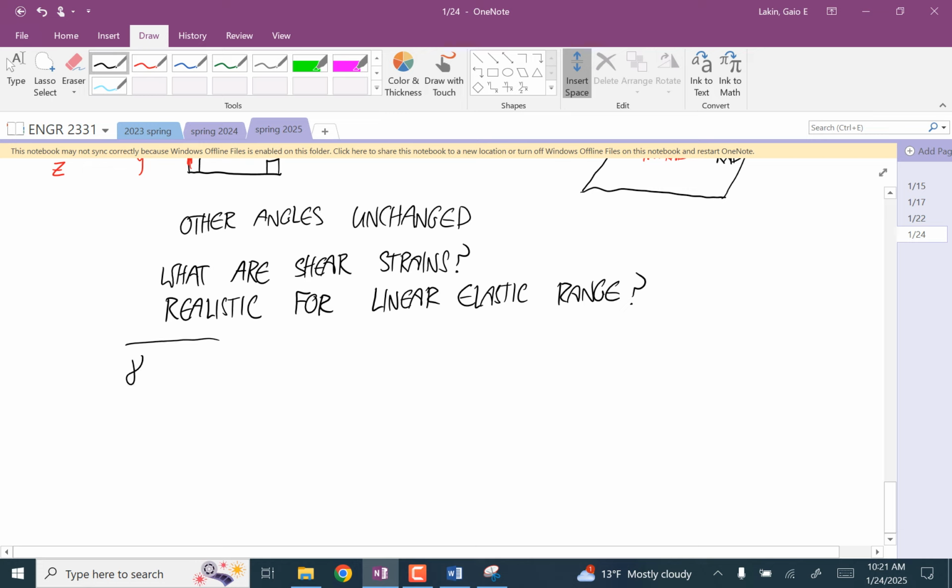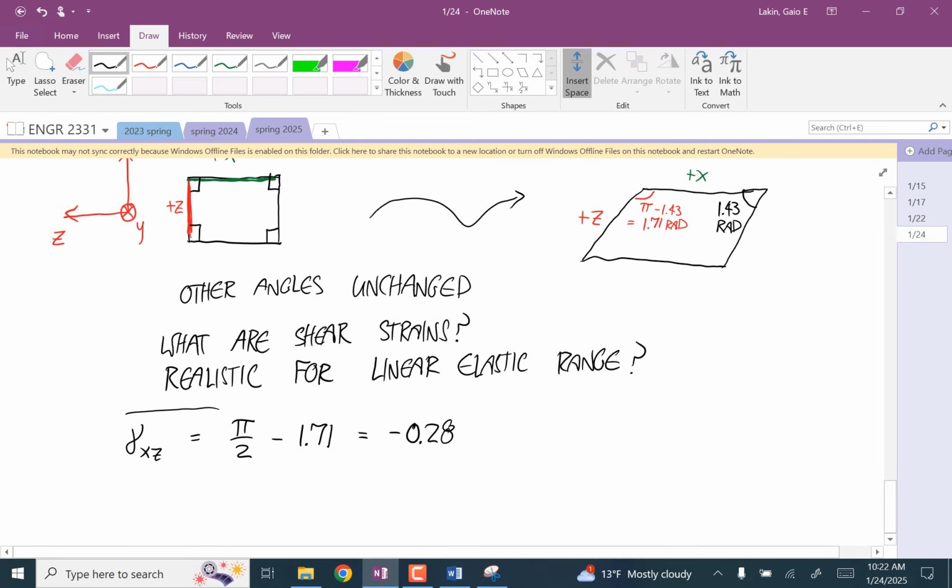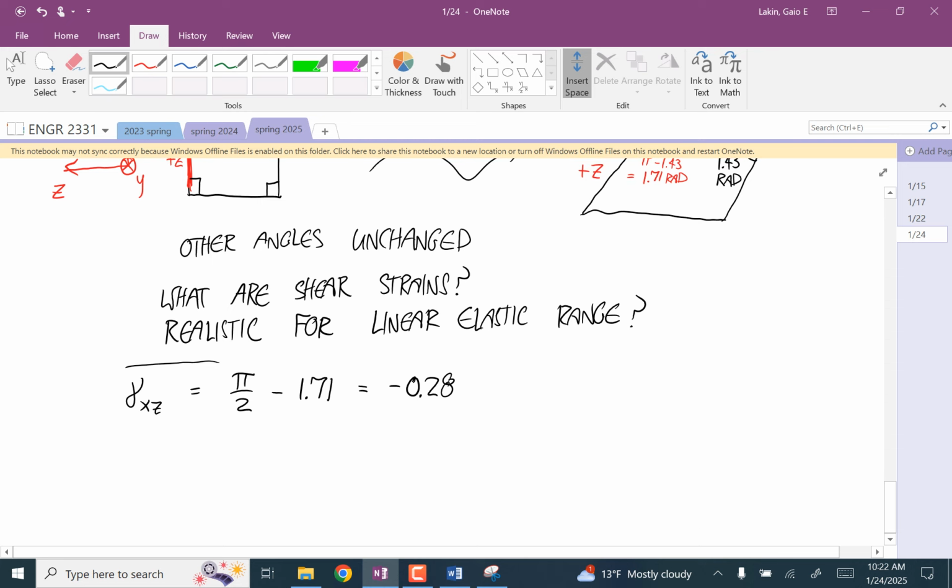And so the shear strain gamma xz is equal to pi over 2 minus 1.71, and that's negative 0.28. It makes sense that that's negative because that angle is getting more obtuse. And is that realistic? No, nowhere near realistic.